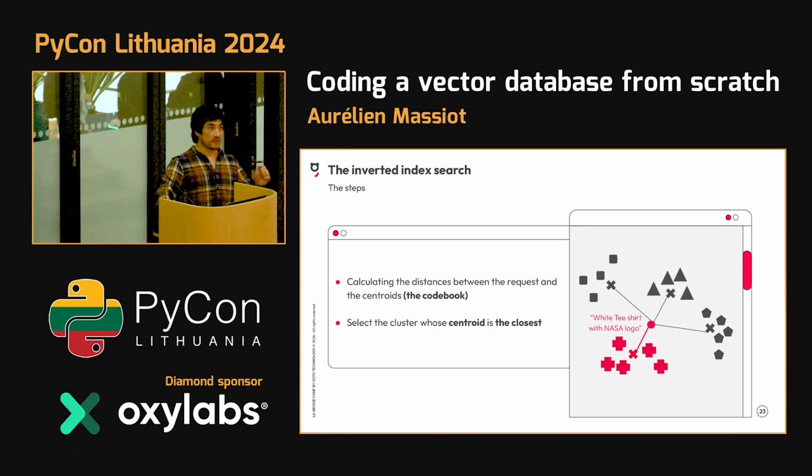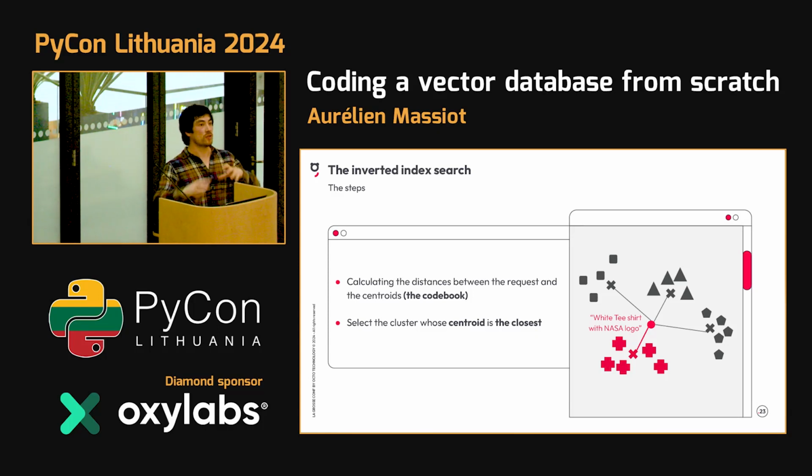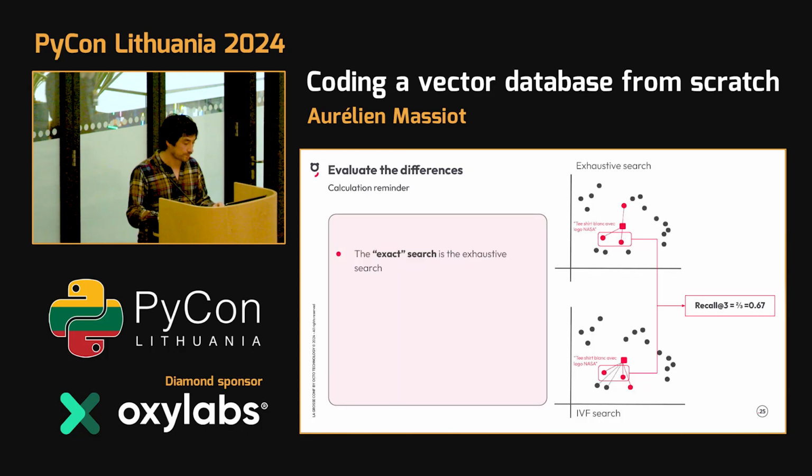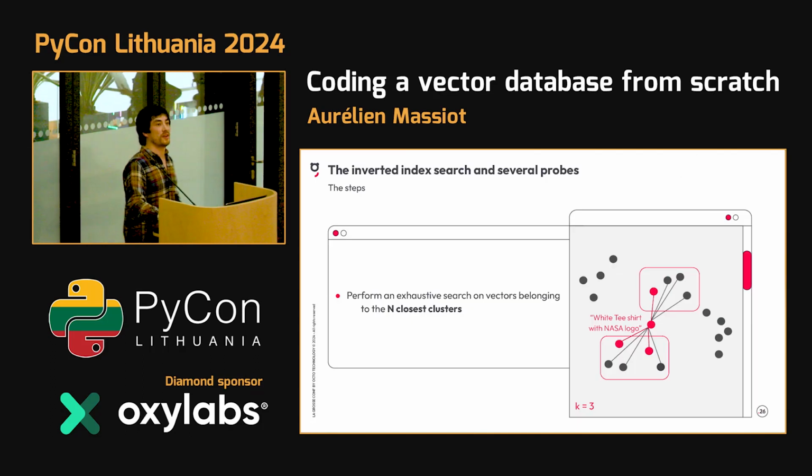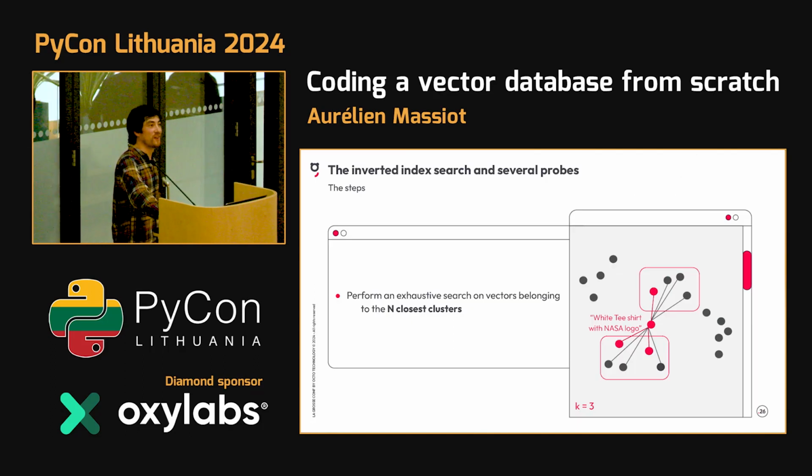You compute all the distances between one query vector and all the centroids of these clusters, and you search only the closest vectors in a number of centroids. Okay? Is it better, this one? Is this faster? I guess yes.